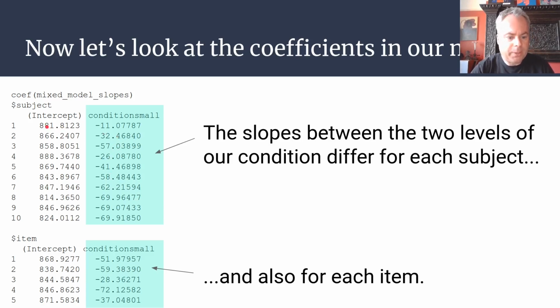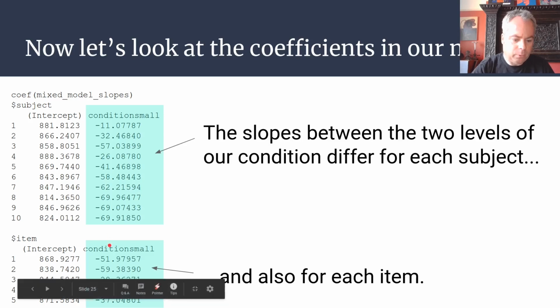So you can see for participant 1, there's just an 11 millisecond difference between the response times to the large condition and the small condition. But for participants 8, 9 and 10, they've got 69, 70 millisecond differences between the large and the small conditions.